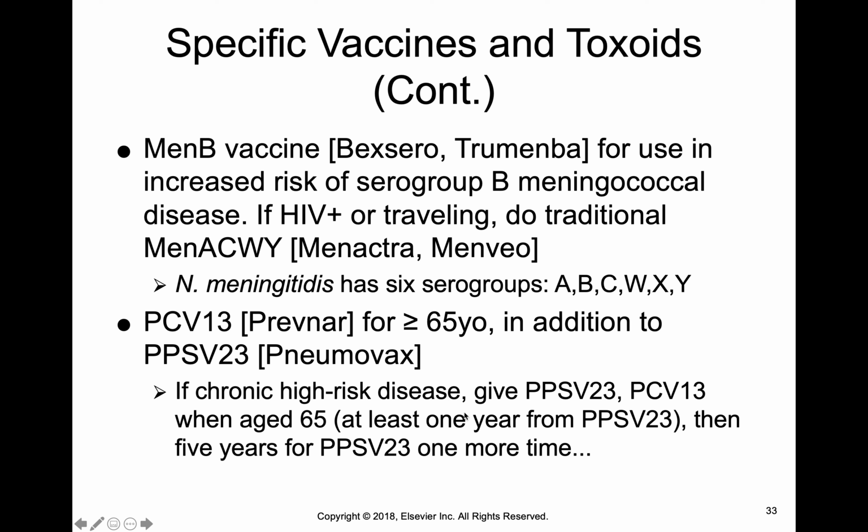And then after that, you would wait 5 years, so you'd be 70, and then you would get another injection of the Pneumovax. So it seems like for at least high-risk groups, it's going to be a 3-shot series. If you don't fall into the high-risk group, I think 1 or 2 injections is still kind of the recommendation.